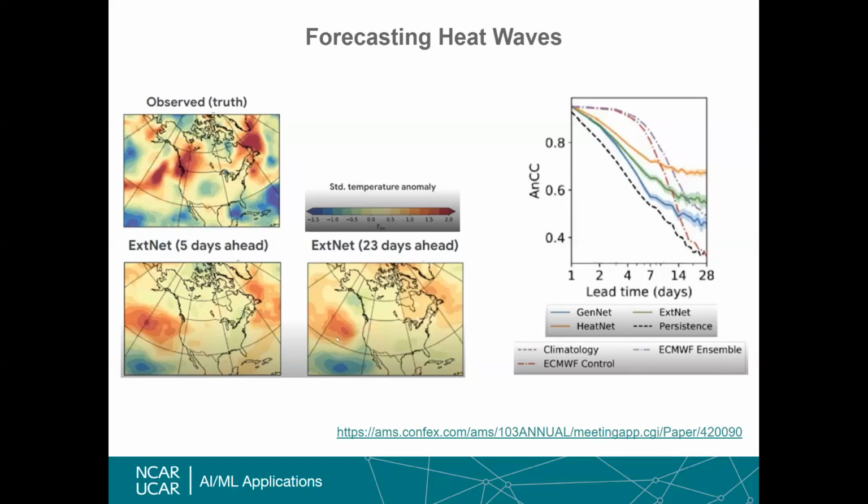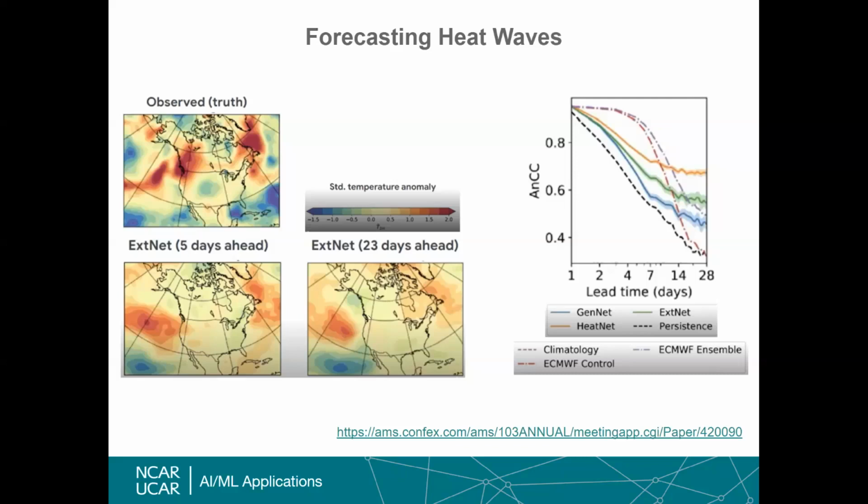And these are two AI models used to predict this heat wave at 5 days and 23 days out. And so you can see that they're getting the heat wave. They're noticing these standard temperature anomalies out over the Pacific.